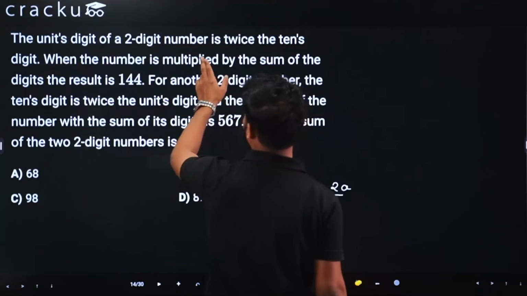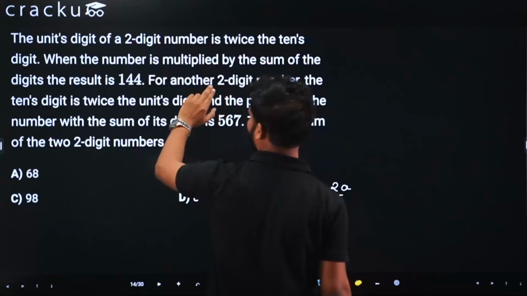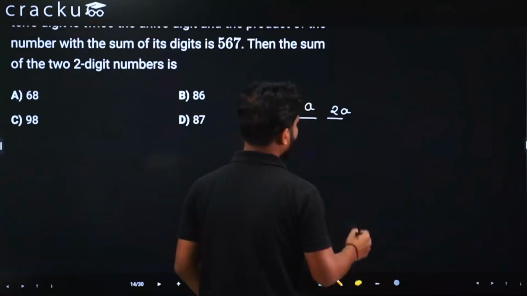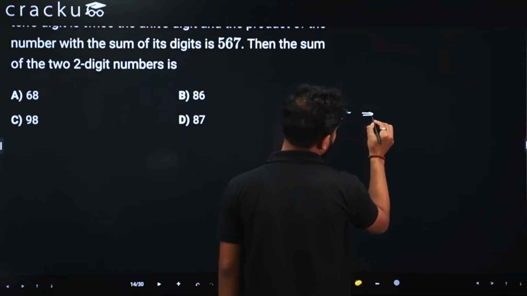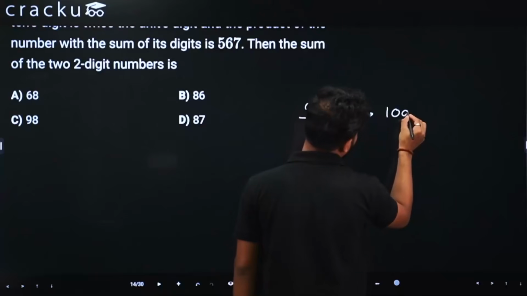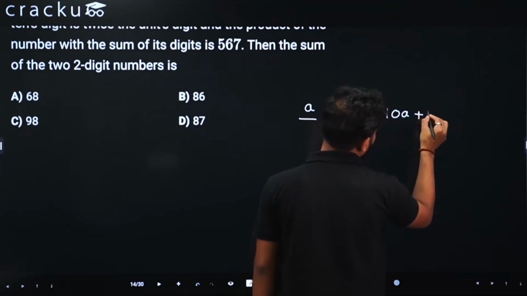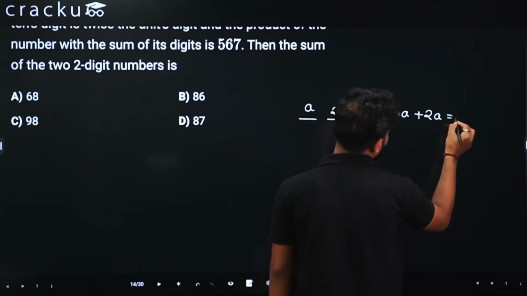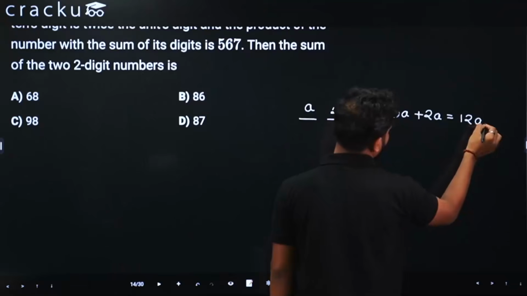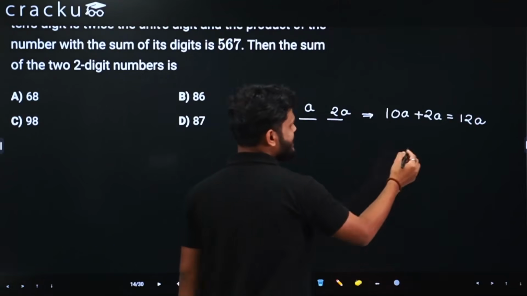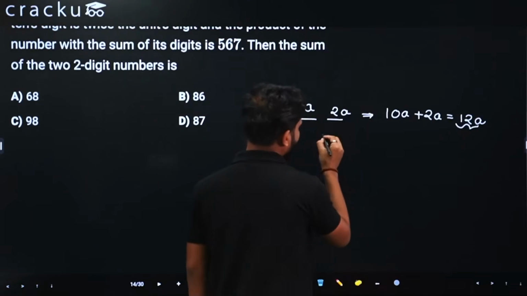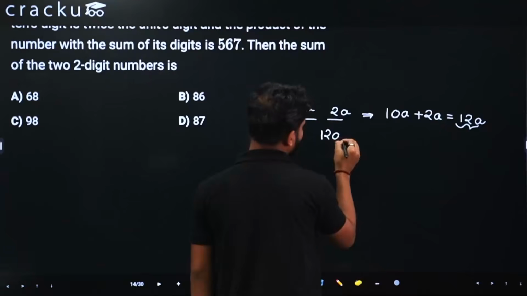Now this number is multiplied by the sum of the digits. How can you write this number? You can write this number as 10a plus 2a, which is nothing but 12a. Now this number 12a is multiplied with the sum of the digits.